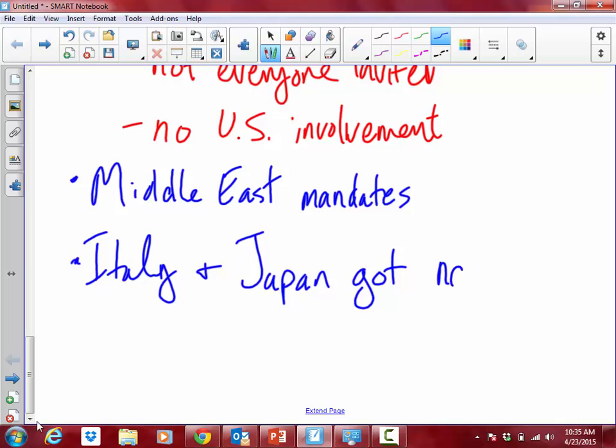I like bupkis. I'm going to go with nada because I'm not sure how I would write bupkis. Where are we? We're talking about failures of the Treaty of Versailles. All right. Okay. Italy and Japan got zilch. And remember, Italy had worked so hard to wait to figure out which side to jump in on so they could be on the winning side. And then they got nothing.